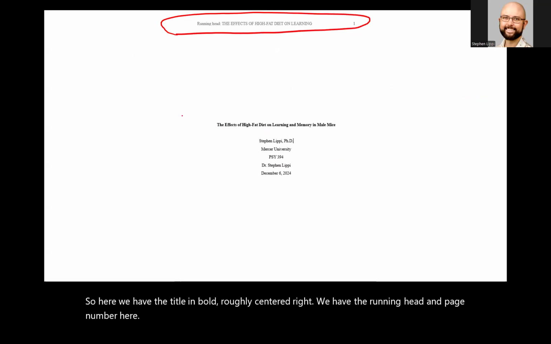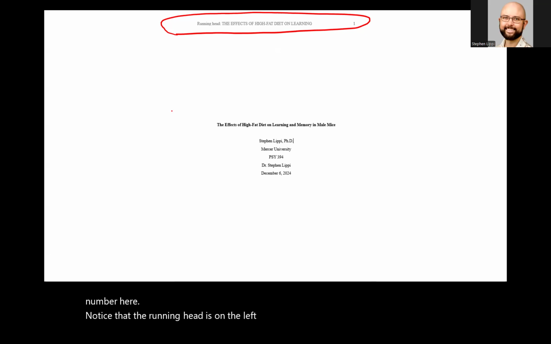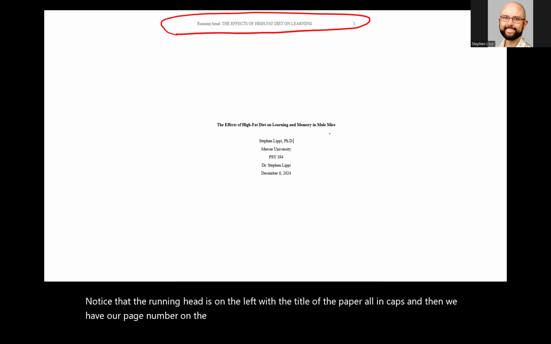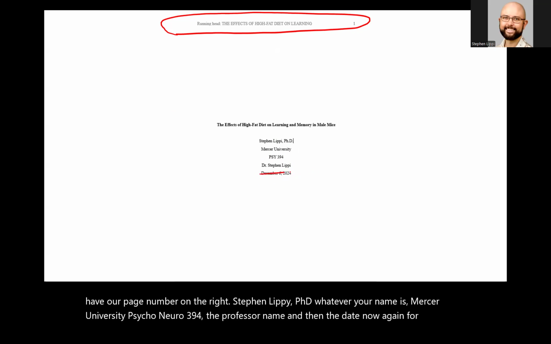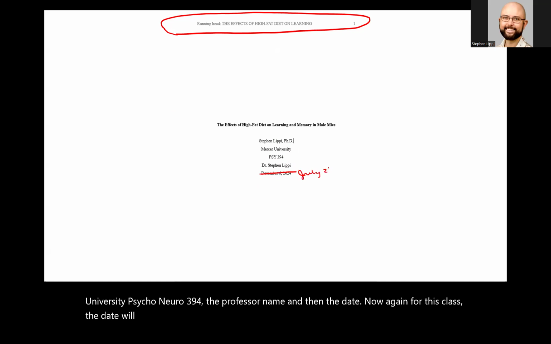Notice that the running head is on the left with the title of the paper all in caps. And then we have our page number on the right. Stephen Lippy, PhD, whatever your name is, Mercer University, Psych or Neuro 394, the professor name, and then the date. Now again, for this class, the date will be July 23rd, 2025.